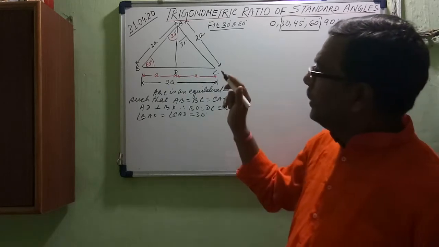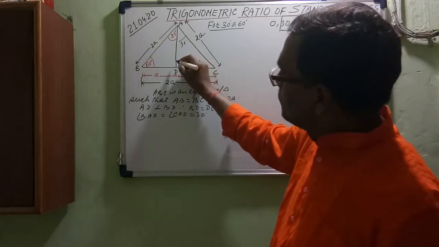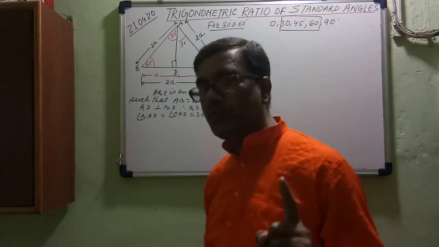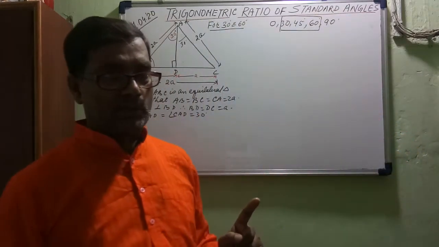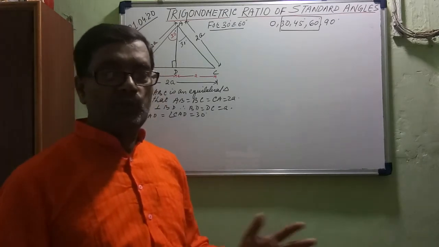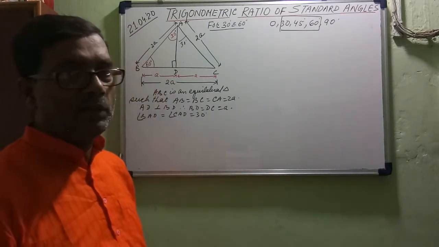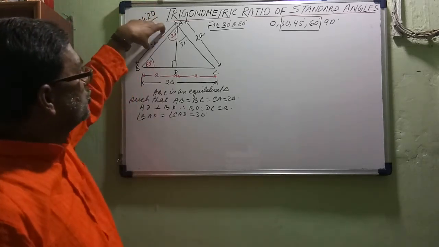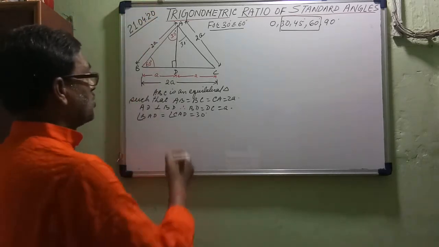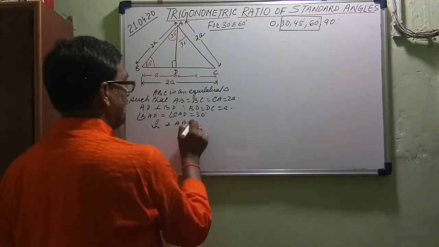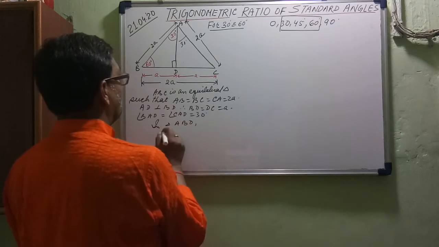Now, this will become a right angle triangle, and you know the property of a right angle triangle: if you know all the sides of a right angle triangle, you can very well find the trigonometric ratios, and that is what I wanted to find. I have two sides. By using Pythagoras theorem in triangle ABD, what can you have?